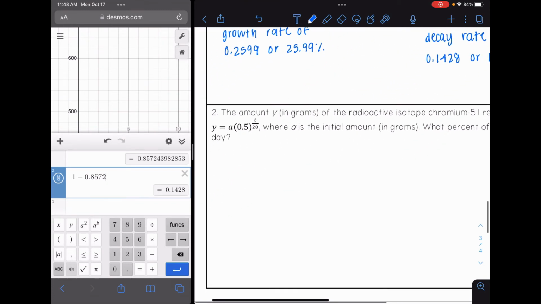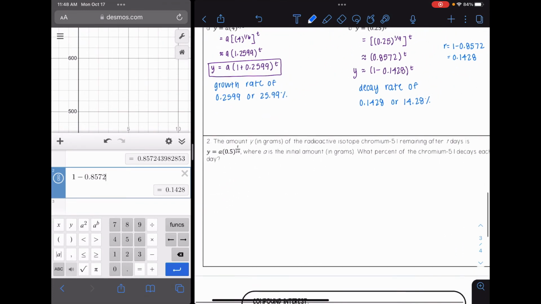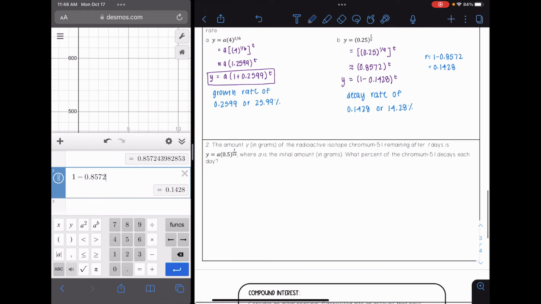Okay, now let's look at a word problem. This one says the amount y in grams of the radioactive isotope chromium-51 remaining after t days is y equals a times 0.5 raised to the t over 28 power, where a is the initial amount in grams. What percent of the chromium-51 decays each day?